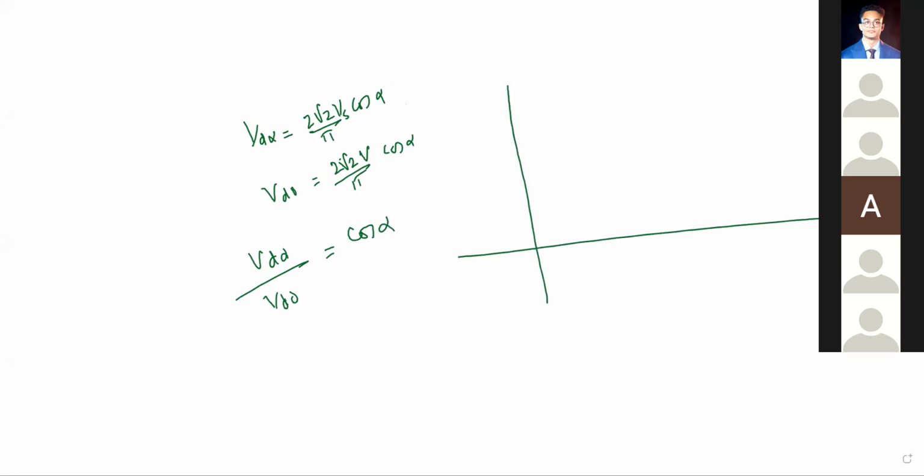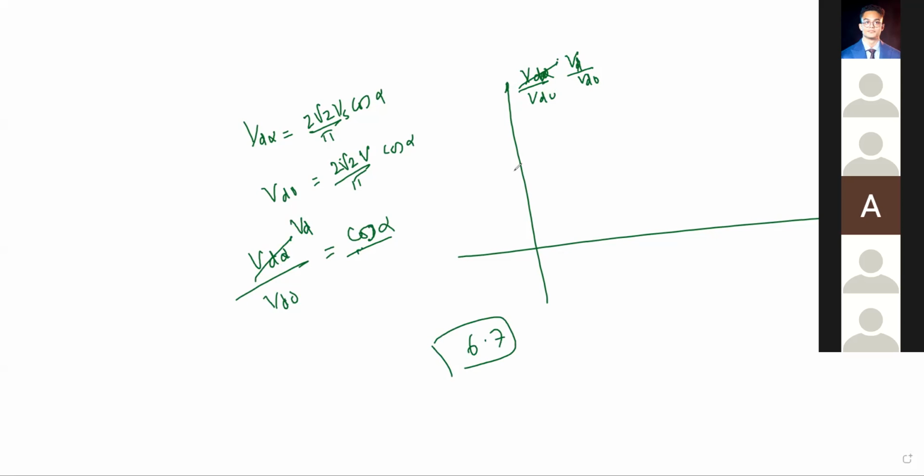Now if we plot that, this will be your alpha, and VD by VD0, where VD alpha has been replaced by VD, is shown in figure number 6.7 of your book. So they write VD by VD0. So it is just cosine alpha.